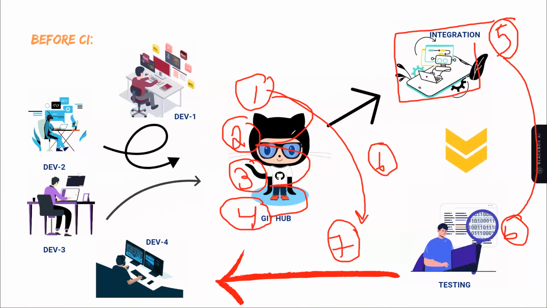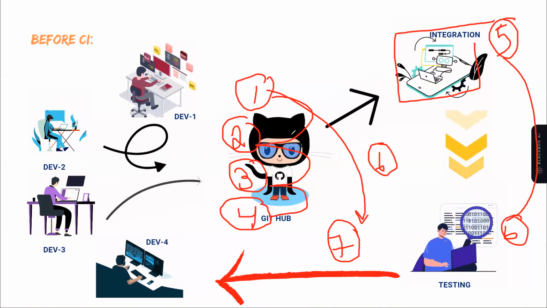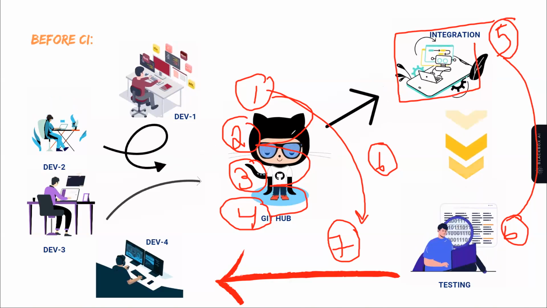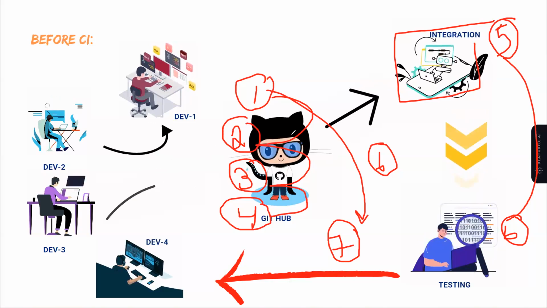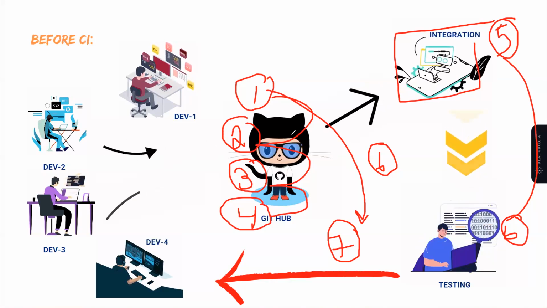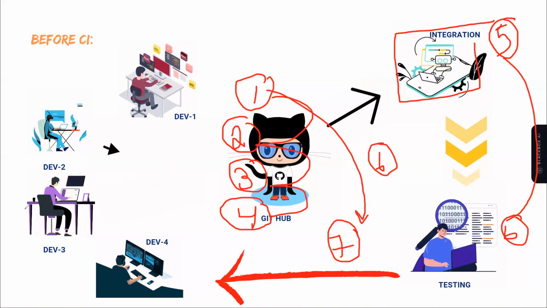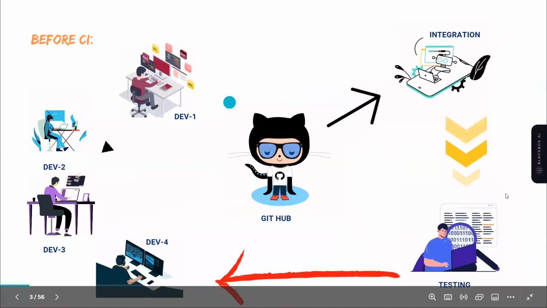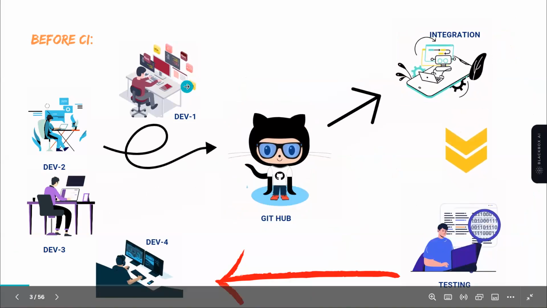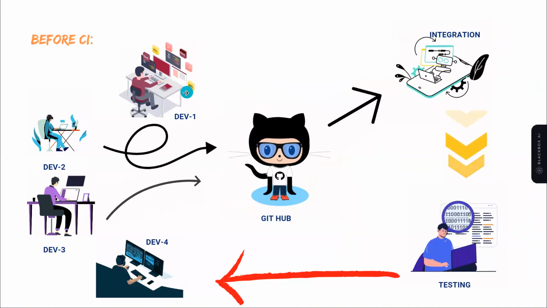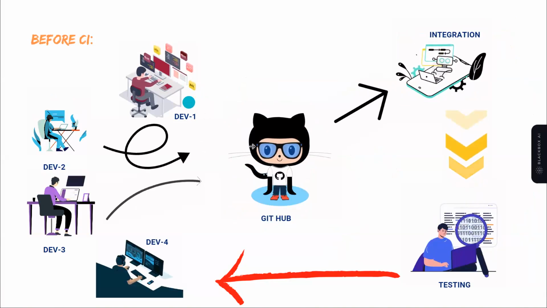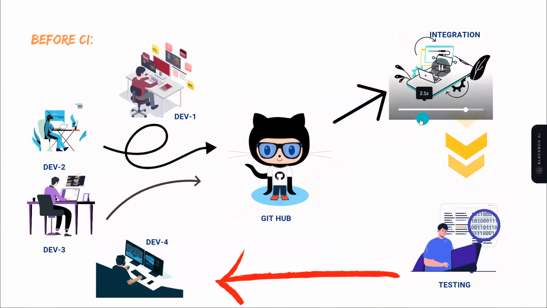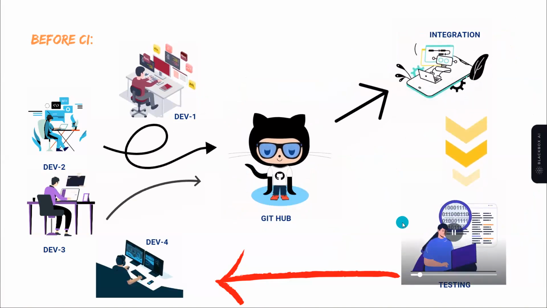That means if you observe the process before continuous integration, the first major disadvantage is time wastage. What is the first major disadvantage? Time waste. The second major disadvantage is that everything is manual. You push the source code from Git to GitHub, take the code from GitHub manually, integrate it manually, and testing is done by another person.